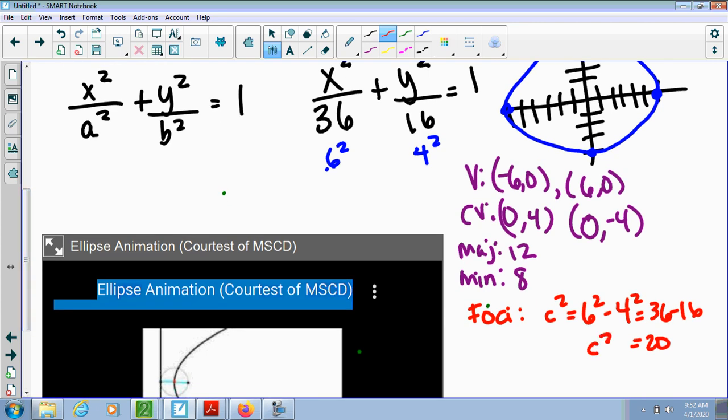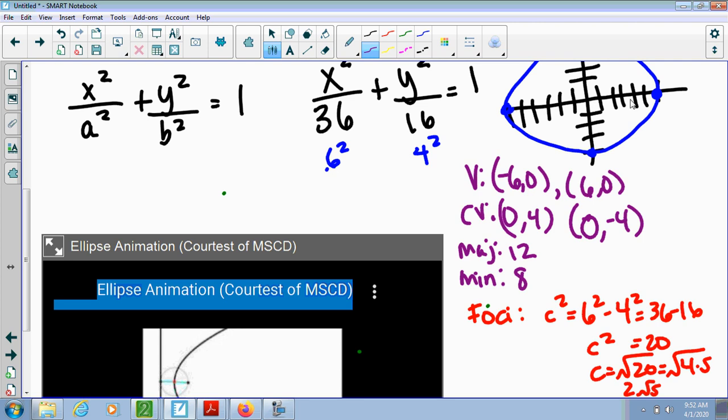So C squared is 20, so C is the square root of 20. We need to break that down if we can. Just 4 times 5, so 2 root 5. So our foci is 2 root 5 away from our center on either side.